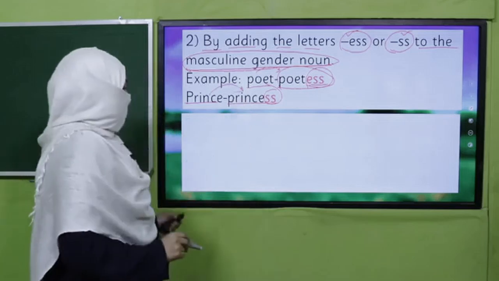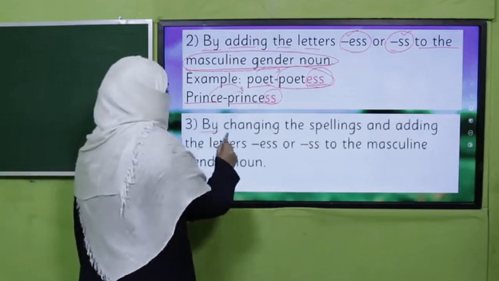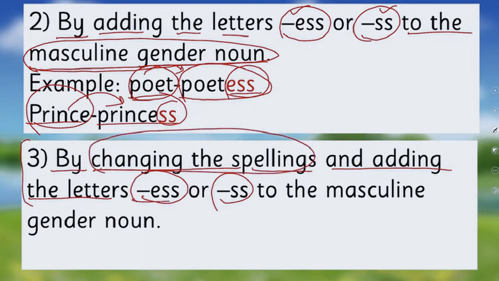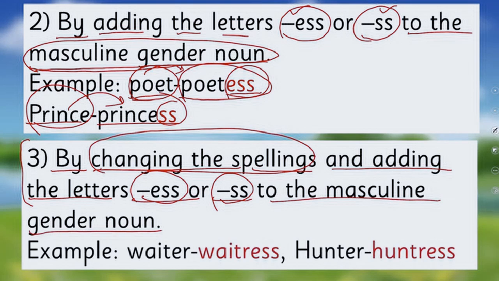Okay, the third method is by changing the spellings and adding the letters ESS or SS. Here we have not changed the spelling of the masculine noun, you see. But now we will change the spelling of the masculine noun and then add ESS or SS to make it a feminine noun. For example, waiter, waitress.